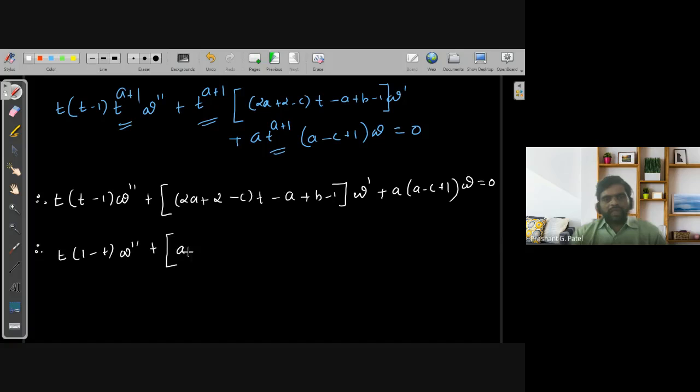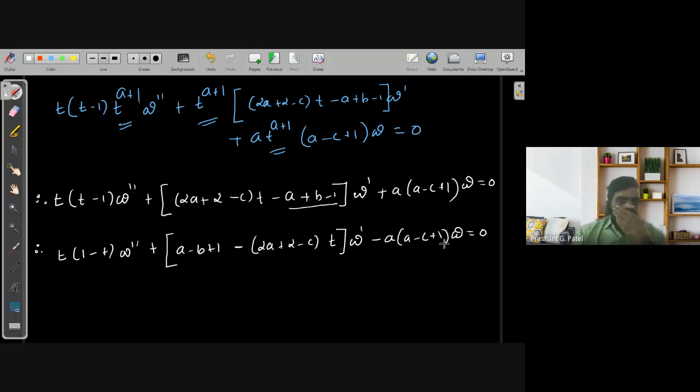So there is a minus b plus 1. I'm writing this as the first one. Then it will be minus this term, that is 2a plus 2 minus c t into w dash, minus a into a minus c plus 1 w equal to 0.